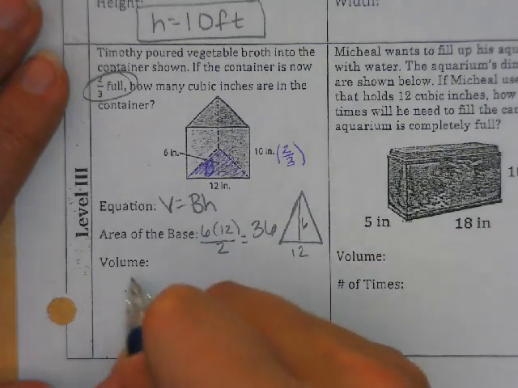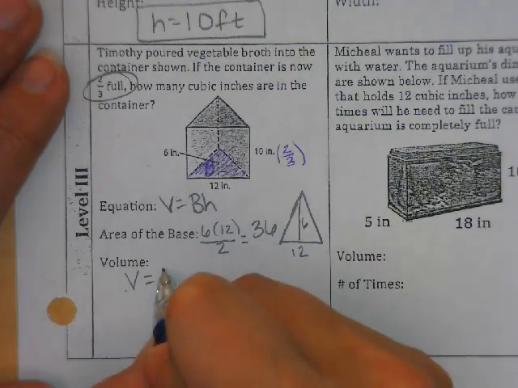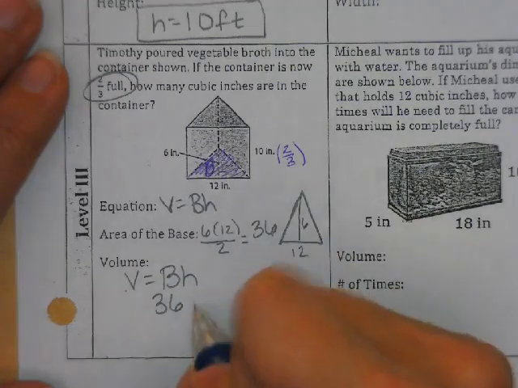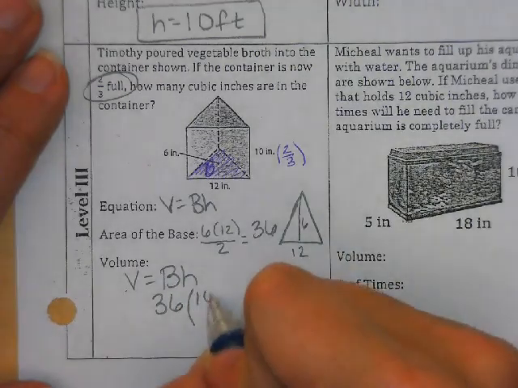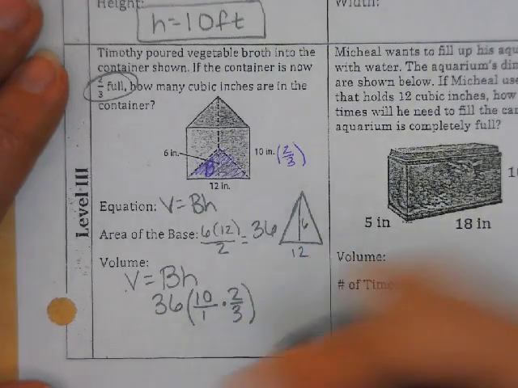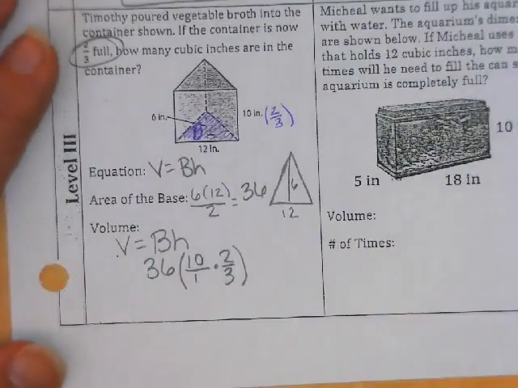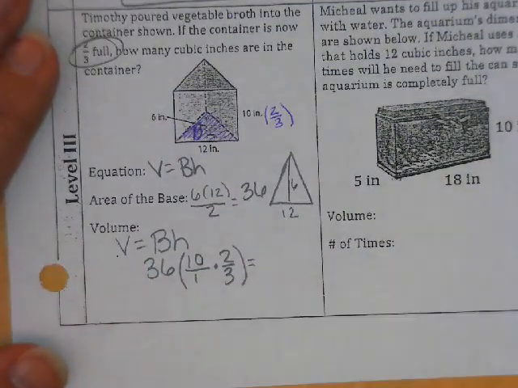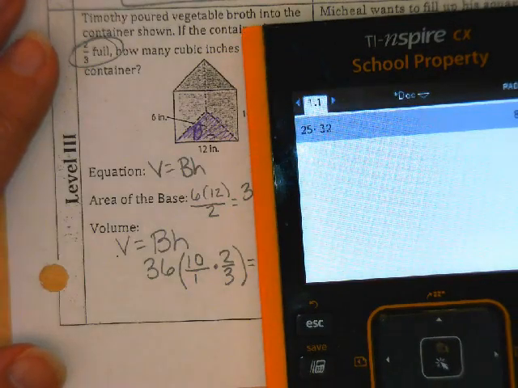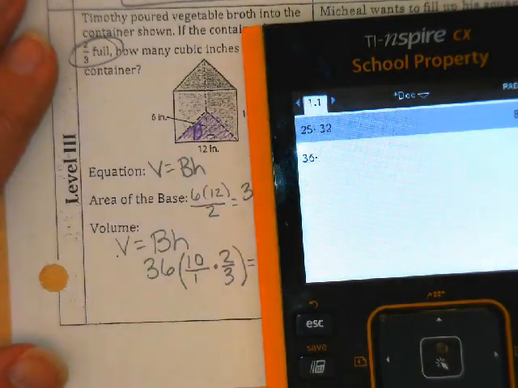So now I have V equals big BH. So I have my big B is 36. What's my height? I need to do 10 over 1 times 2 over 3. Can I put that in my calculator, all 3 of those? Yes. We can come over here and we can say 36 times 10 times, how do I make a fraction?